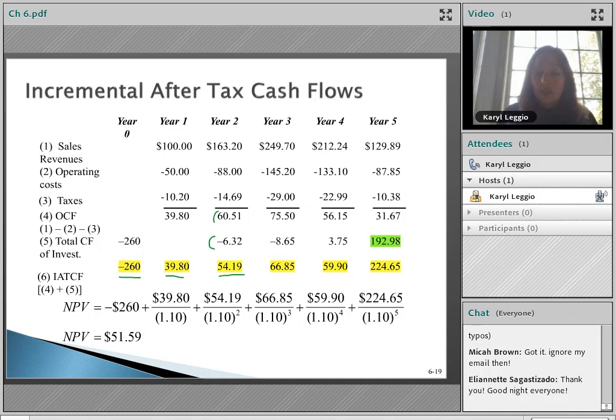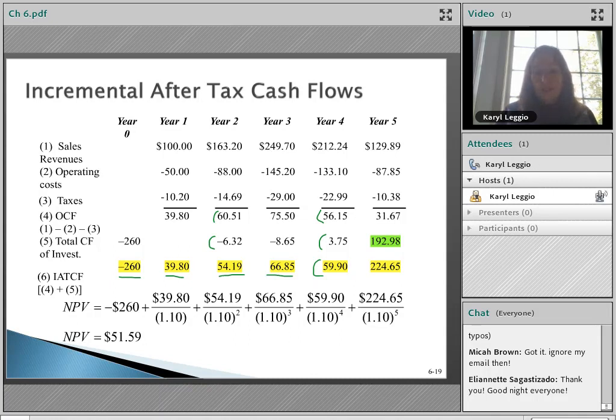In year 3, we also had a cash flow investment in working capital, so our overall cash flow in year 3 was $66,850. In year 4, we had operating cash flows $56,150, plus we had a little bit of working capital recovery of $3,750. So our cash flow in year 4 is $59,900.